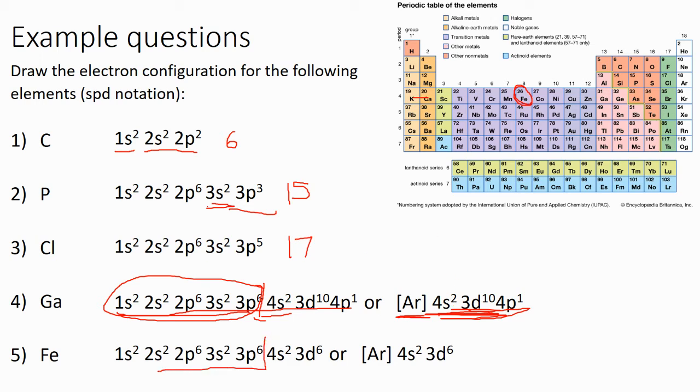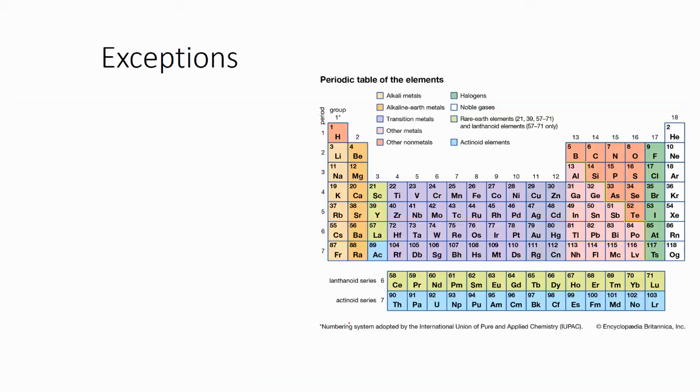So this part here is the same as for argon. And then we've got 4s2 and then 3d6. So 4s2 is here. And then 1, 2, 3, 4, 5, 6. Okay, so the d orbital has 6 electrons.